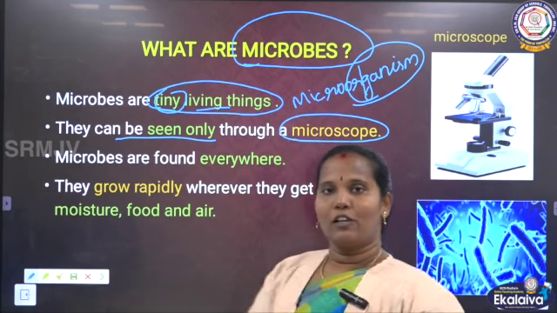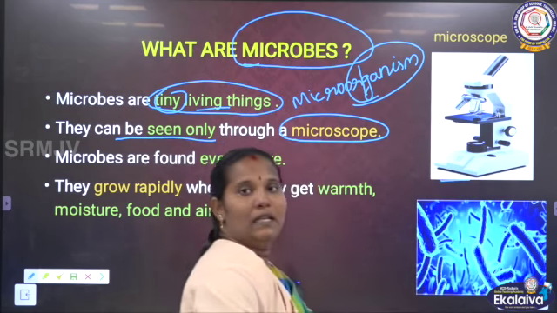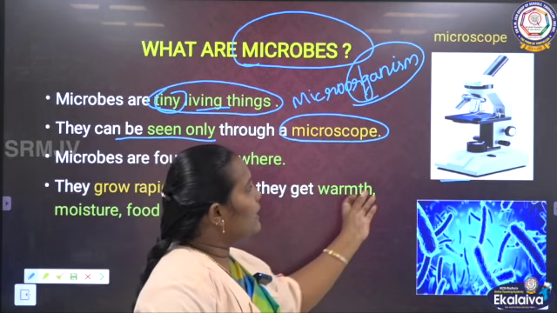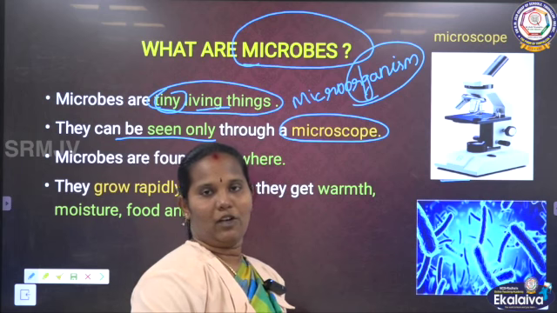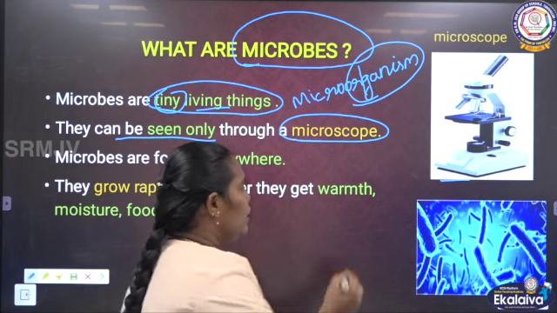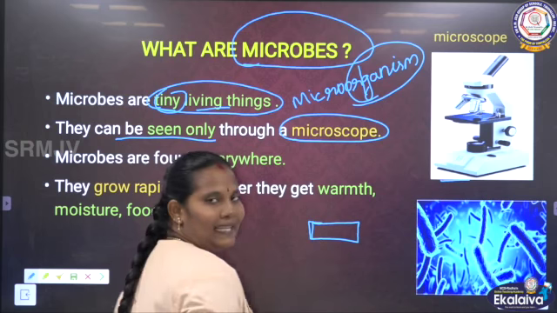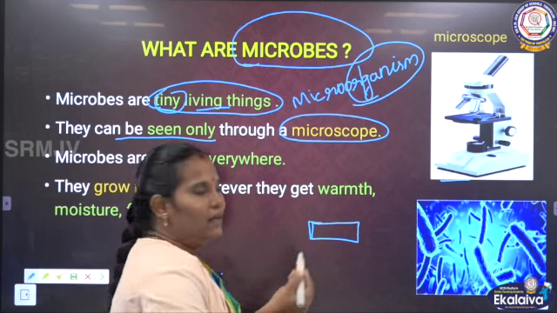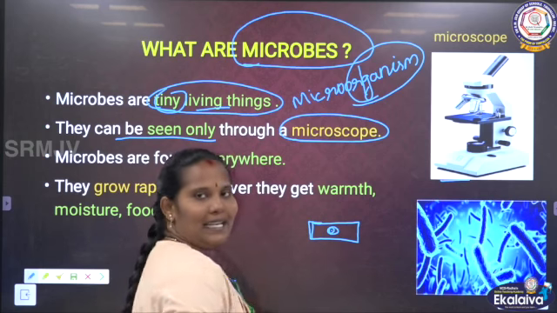This is the structure of a microscope. We keep the things here and we can see microorganisms like this. A small glass piece is called the slide. We collect some microbes and keep them at the center of the slide.